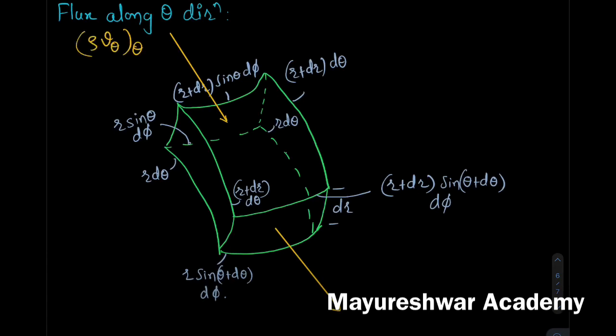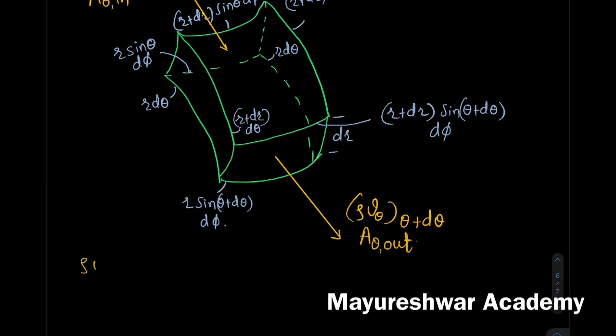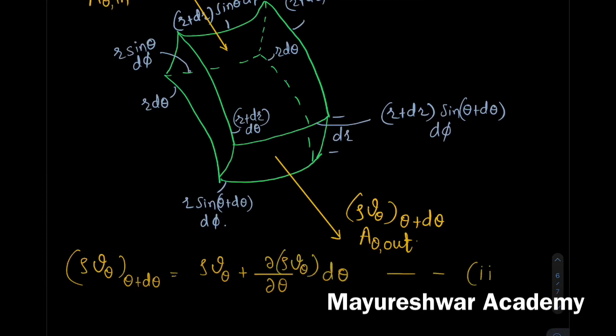So rho v theta times a theta in, and this is going to be rho v theta at theta plus d theta times area theta out. Rho v theta at theta plus d theta is, by Taylor series, rho v theta plus partial over partial theta of rho v theta d theta. Let us call this 2.